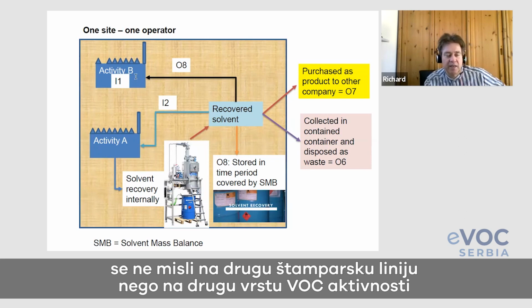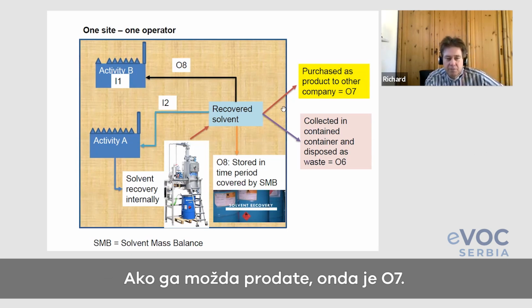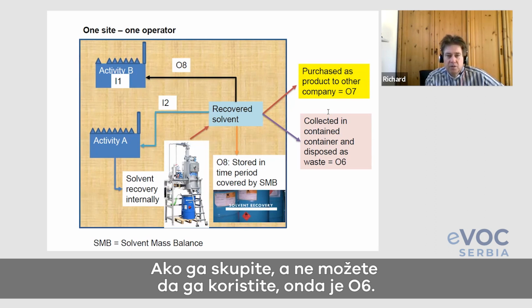It means really a different type of VOC activity. Or you store it because you didn't use it, it's O8. If you sell it maybe, then it's O7. If you collect it, because you cannot use it, although you have distilled it, then it's O6.